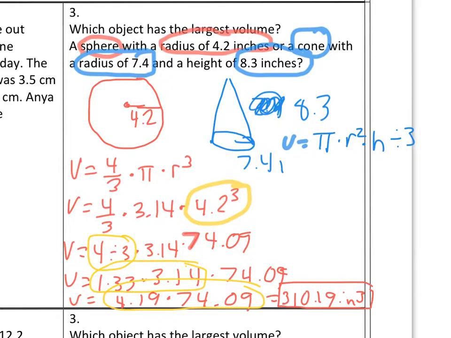All right, let's plug it in. So we have volume equals pi multiply the radius. The radius was 7.4. So we'll just take the radius, plug in 7.4. So 7.4 to the second power, multiply your height 8.3, and divide 3.